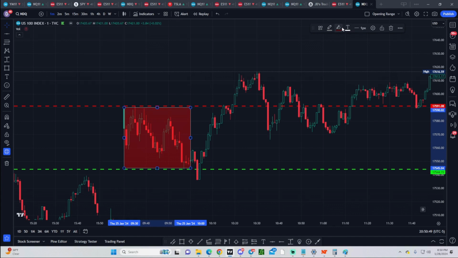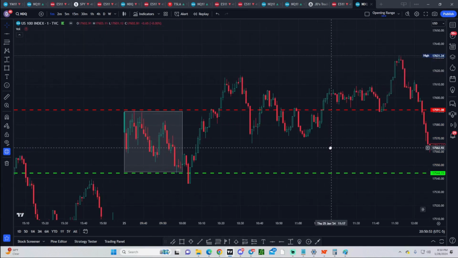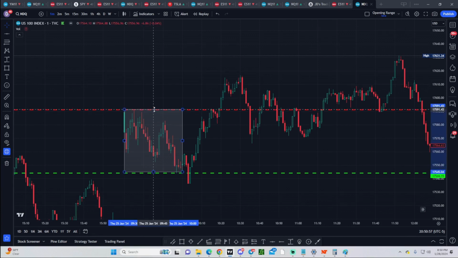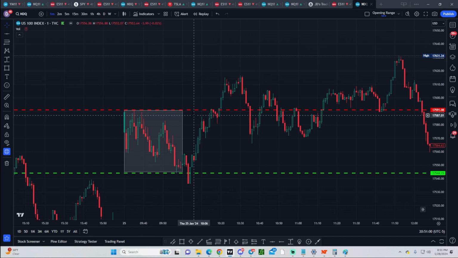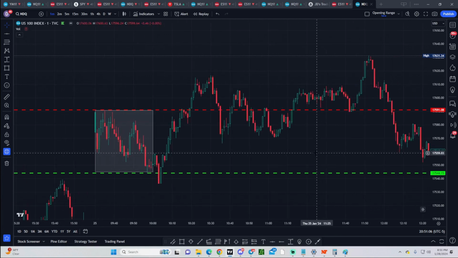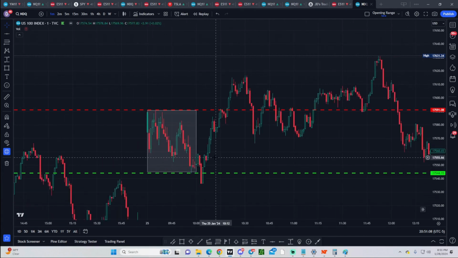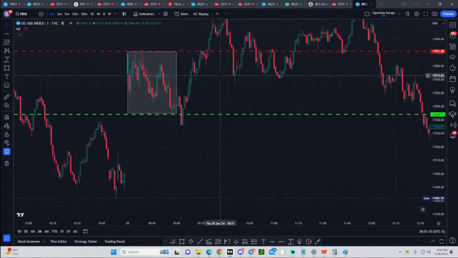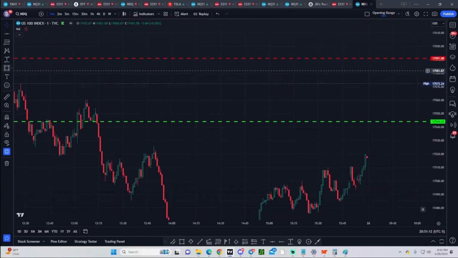All right, and we're just going to change the color here and make it like that. So that is a 30-minute candle if you want to be technical, or this is just a 30-minute range. The top portion is resistance, the bottom portion is support until proven differently. Okay, so we're looking for a breakout of the range, like I was explaining in this concept here.